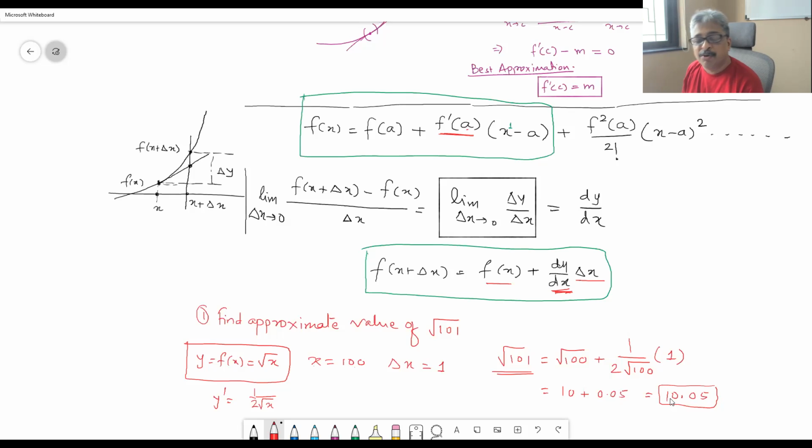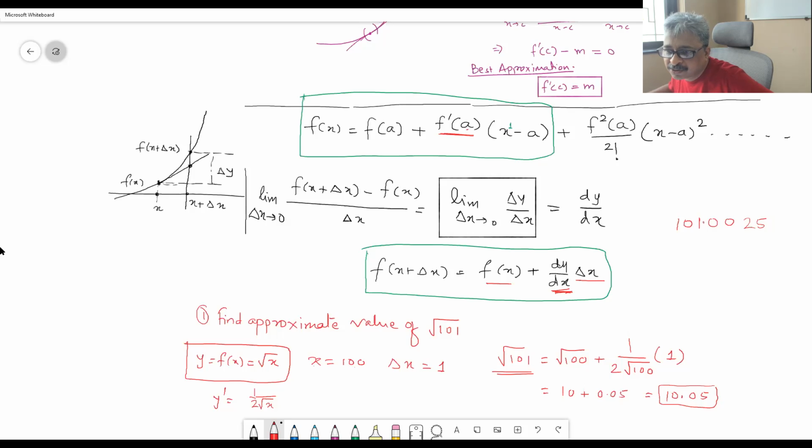You can multiply 10.05 by 10.05 and check whether you are very close to 101 or not. By squaring this, you can cross check, and I think we should be able to do it easily, because the unit place is 5. So 25, 100 into 101 is 10,100, and this is the square, therefore 4 decimals.